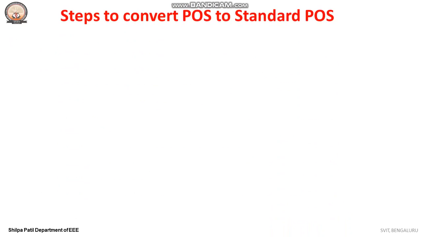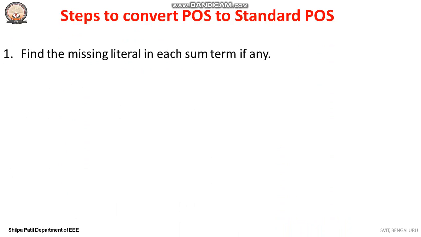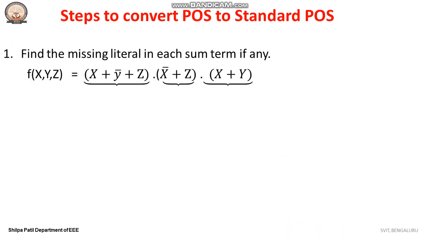Now we will go to the steps to convert a POS into a standard POS. Again, in POS we have a sum term. So find the missing literal in each sum term. That is the first step. Taking an example again: x plus y bar plus z, ANDed with x plus x bar plus z, ANDed with x plus y.